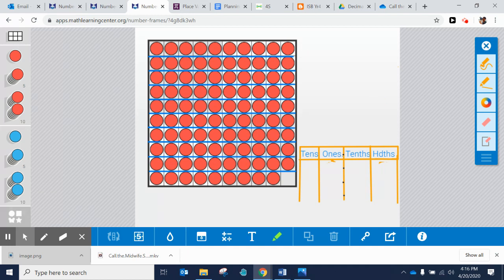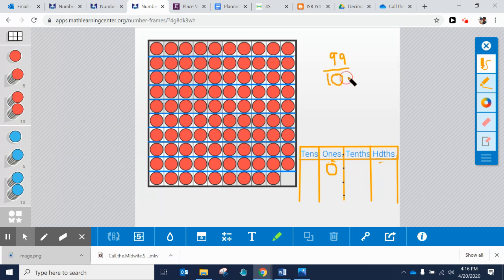We've got a bigger decimal number now. We still don't have a whole one, so it's going to be 0. You can see that we've coloured in 99 out of 100 altogether.